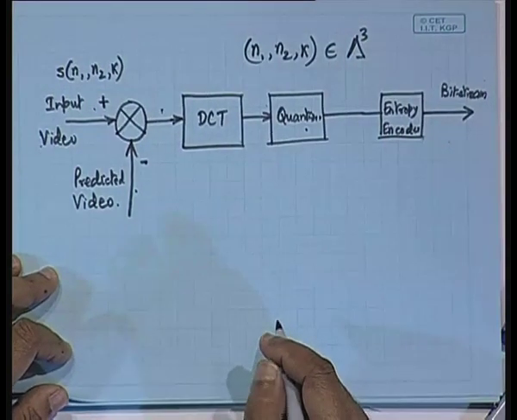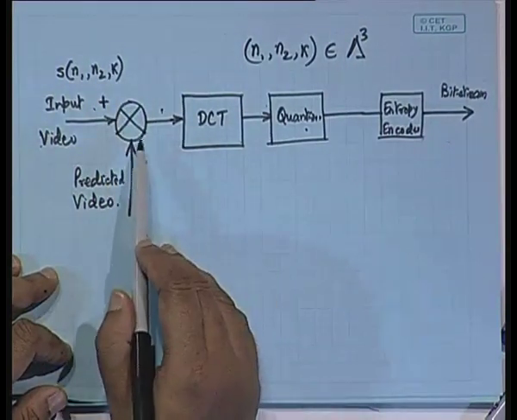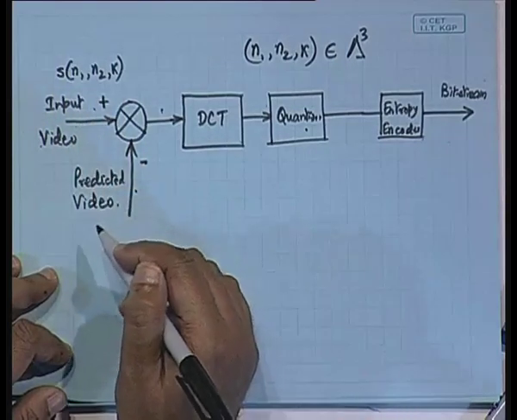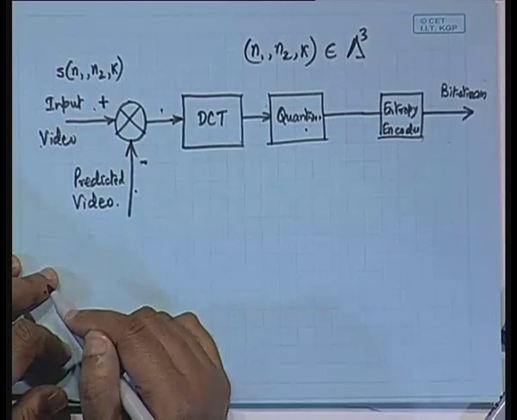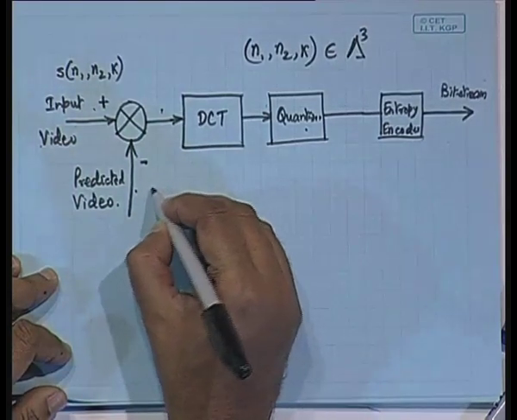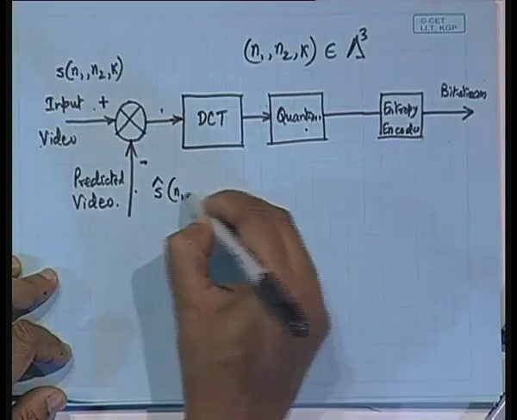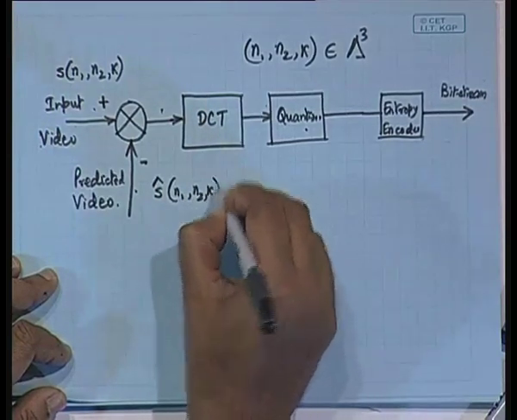So, essentially I can say that this n1, n2, k belongs to a 3-dimensional integer space, lambda cube. So, what it means is that this is the input video signal, and the predicted video signal we can denote as S cap of n1, n2, k.